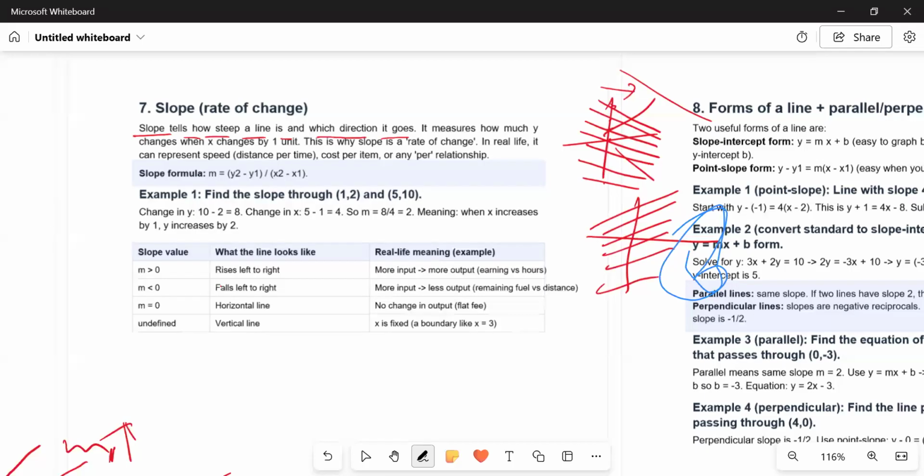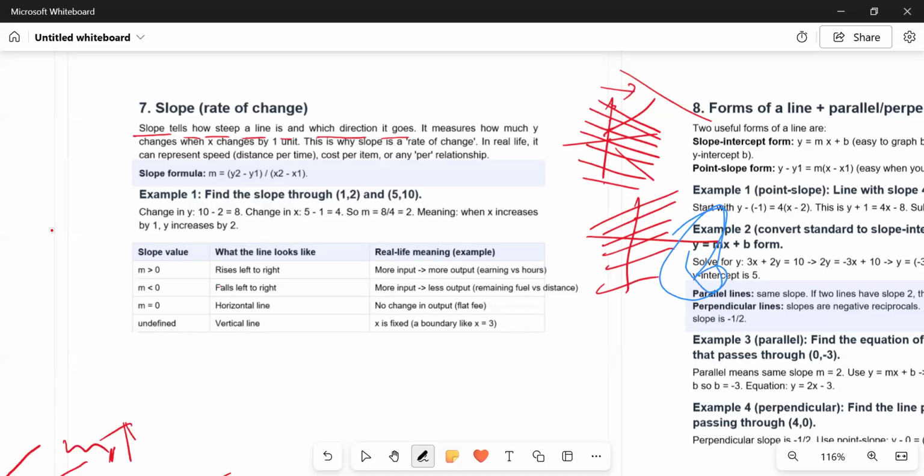And whichever intercepting point we will have, it will depend on the value of c or b, whichever you say. Okay, so we know what the equation of a straight line is and how it will look. So from now on, whenever you look at an equation, you will instantly be able to tell how that straight line is going to look on the graph.